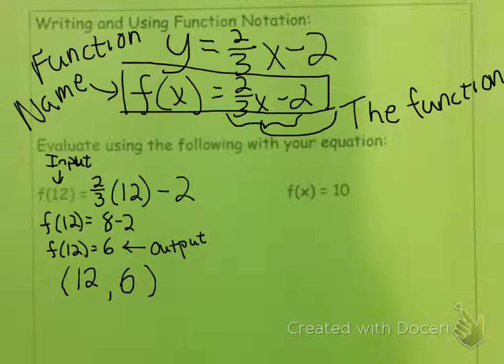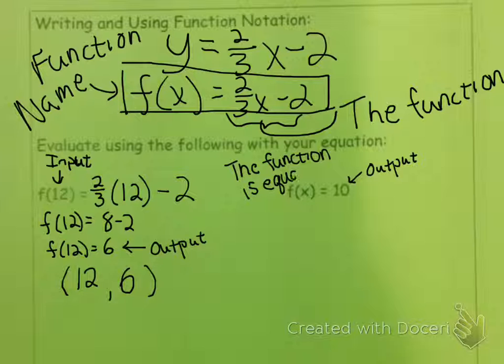I've got f of x equals 10. This time, my 10 is not in parentheses. My 10 is my output. So I'm going to have to work backwards to find my input. When we have it like this, think of f of x as the function being equal to 10.